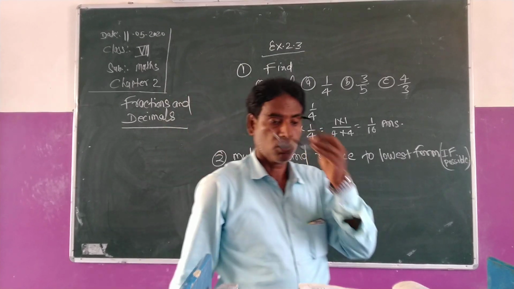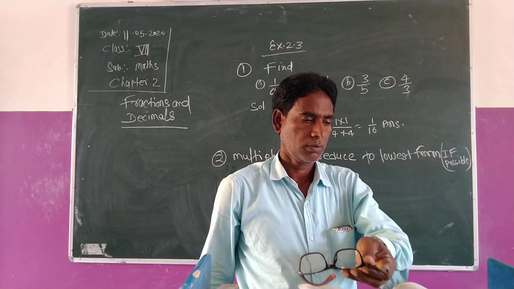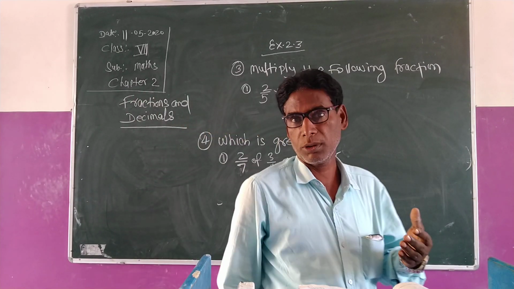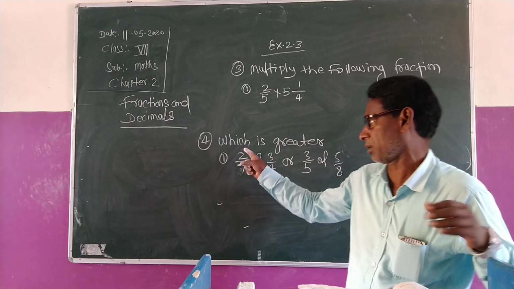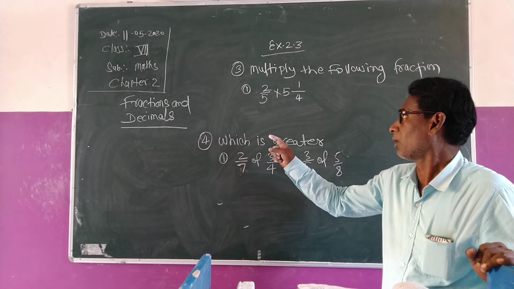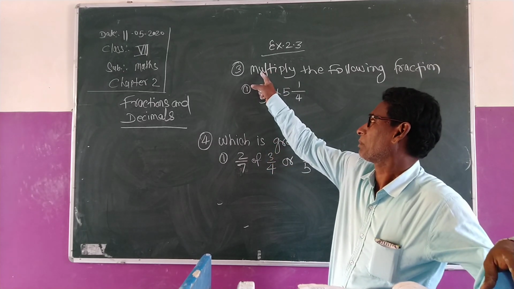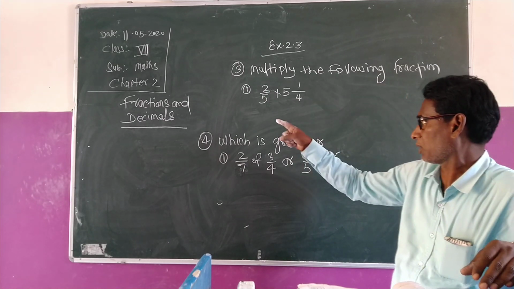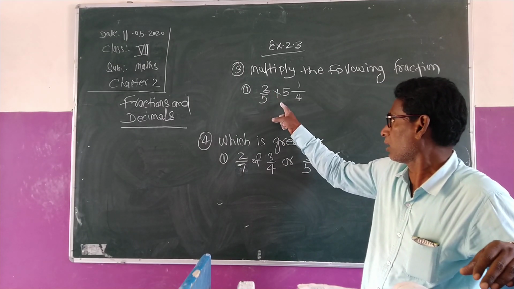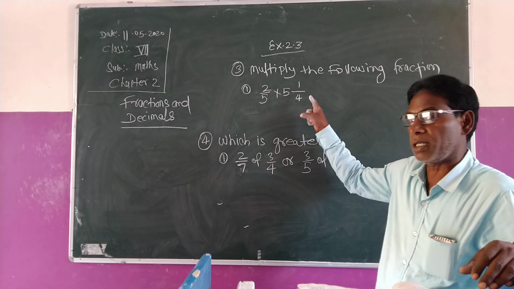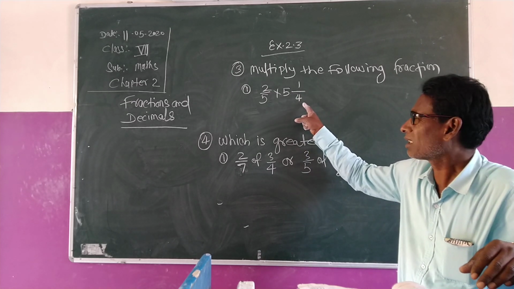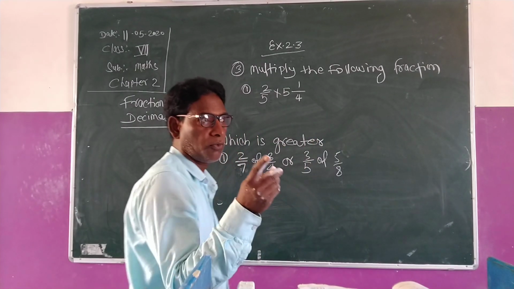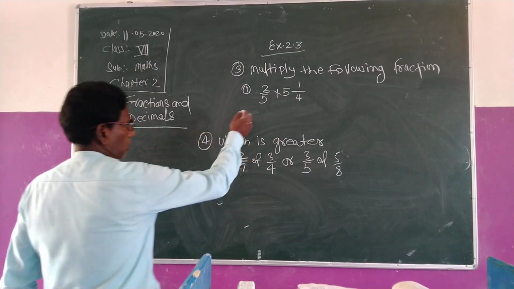Now question number 3. Multiply the following fractions. First question, 2/5 into 5 1/4. It is the same as question number 2. How will you find the answer?